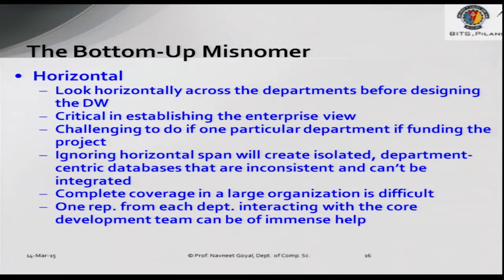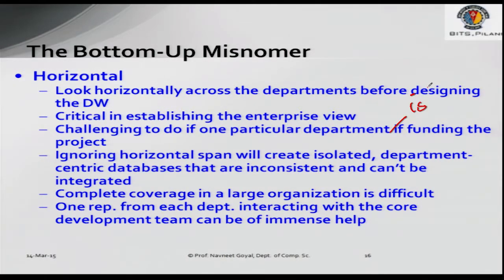It is critical in establishing the enterprise view. So don't be blind to the requirements of the other departments or related departments in the organization. Otherwise there can be a lot of inconsistency that can creep into the different data marts that you design. It is challenging to do if one particular department is funding.